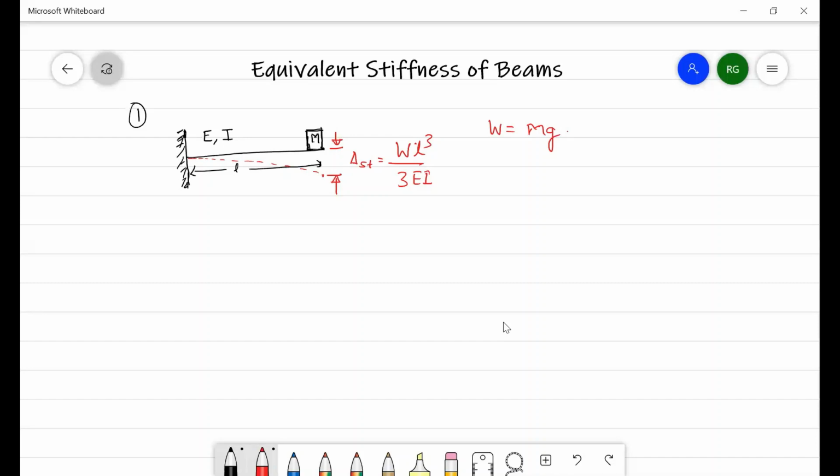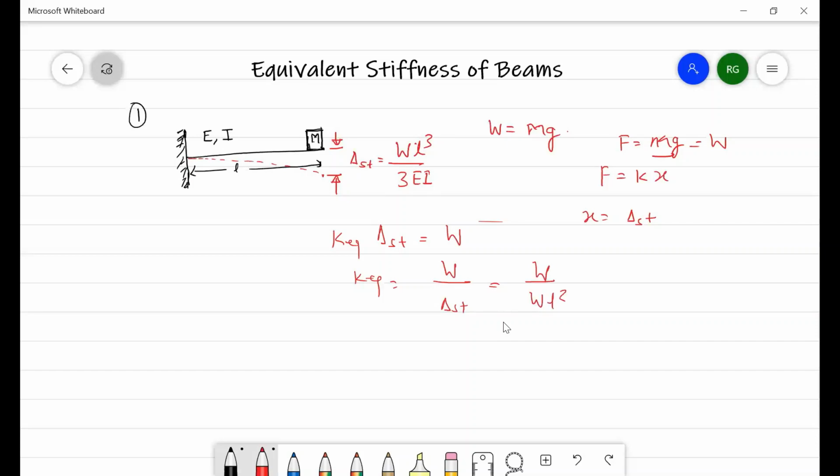Now, as we know, F equals K X, and here X is equal to delta ST, and F is equal to mg, which is the force acting at this place, equal to W. If we place these values in this formula, we can write K equivalent multiplied by delta ST is equal to W, or K equivalent is equal to W over delta ST. So this is W over WL cube over 3EI, which becomes 3EI over L cube.